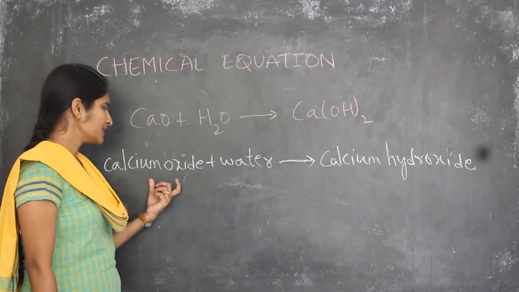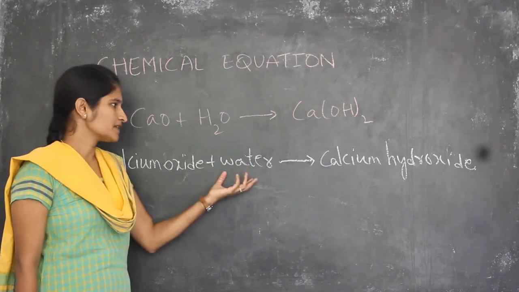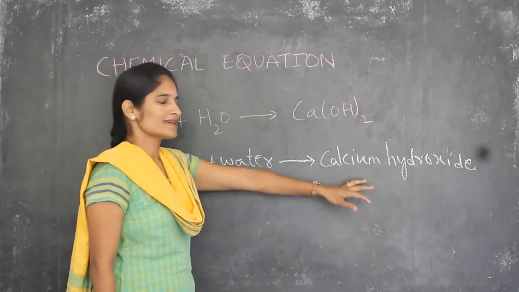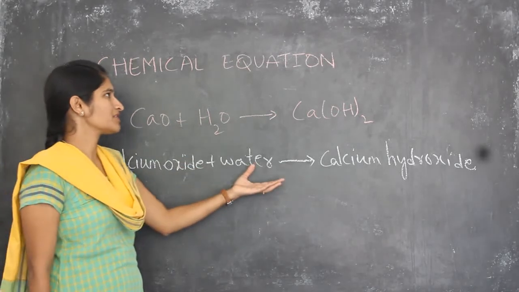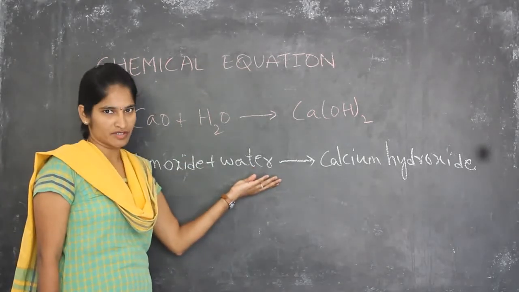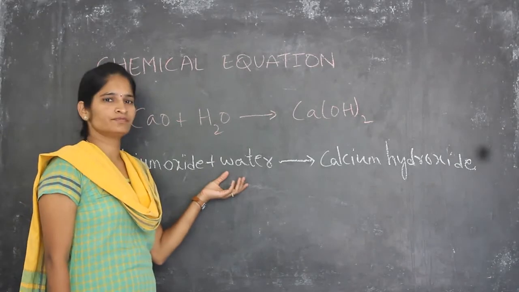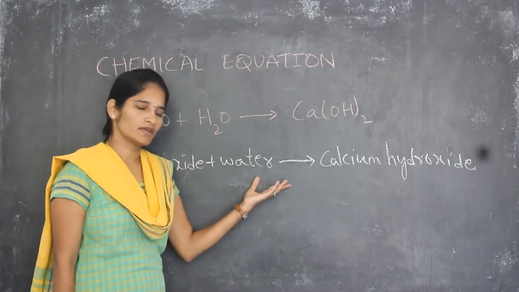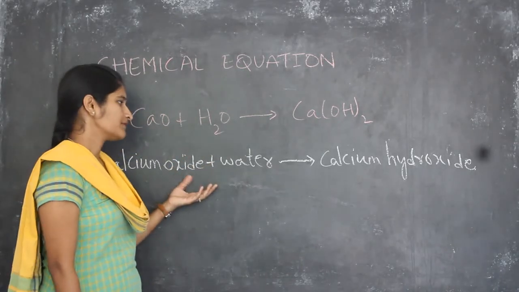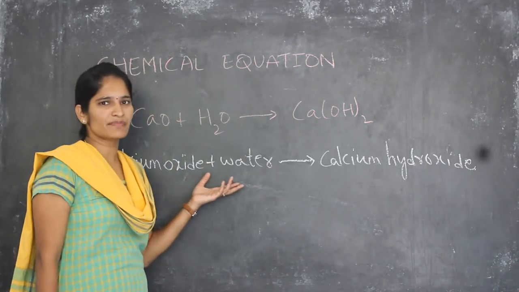I have taken an example: calcium oxide is reacting with water and it is giving calcium hydroxide. This is the word equation I am writing for the reaction. Can I simplify it? Every time for your exams, if you write this much lengthy word equation, or if you want to remember this, it becomes somewhat difficult.